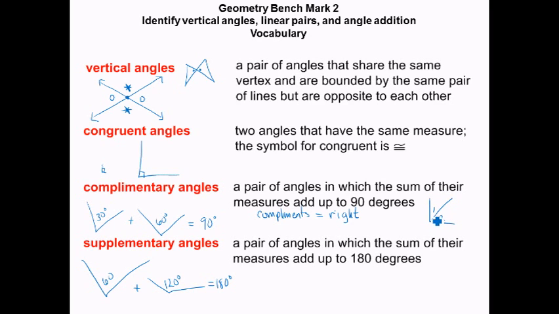So angle 1 and angle 2 make a 90-degree angle, or they could just be floating off in space. Same thing with supplementary. They could be touching each other, and they'll make 180 degrees, or they can just be randomly wherever. The only rule is that they have to add up to 90 or add up to 180.